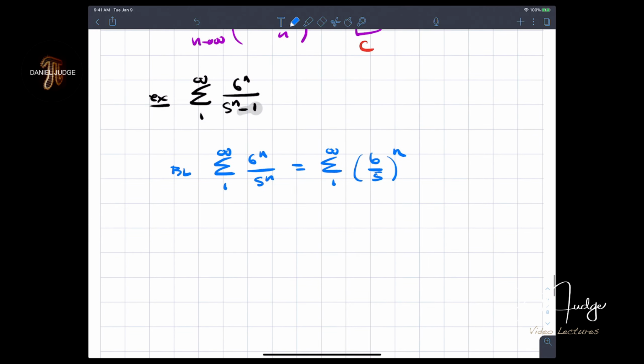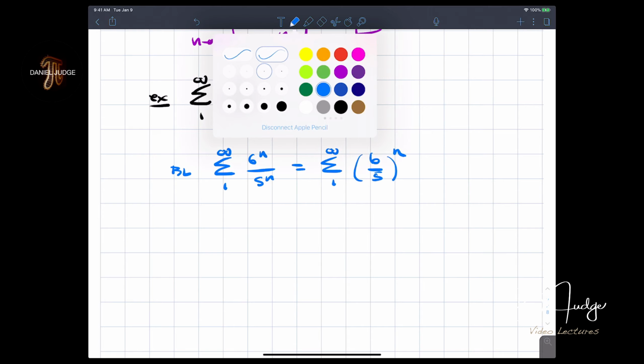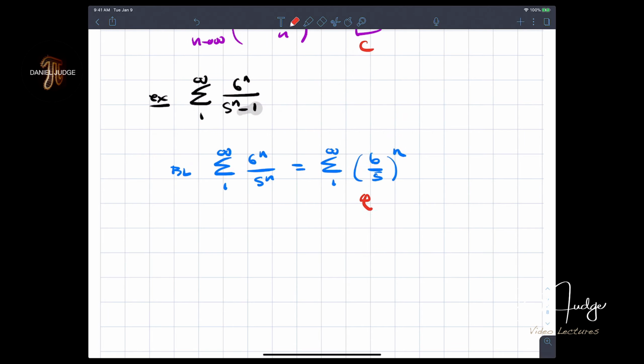Now, I'm going to ask you, what do you know about this series? Right? What do we know about this? This series diverges. And you say to me, well, why does it diverge? How do we know that it diverges?